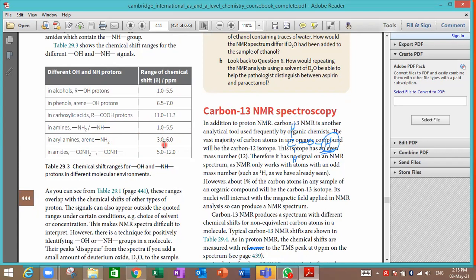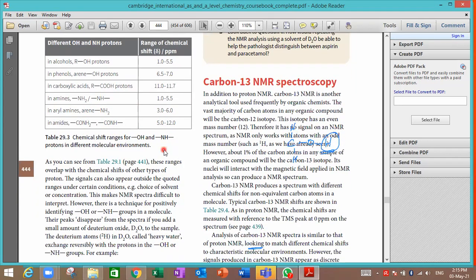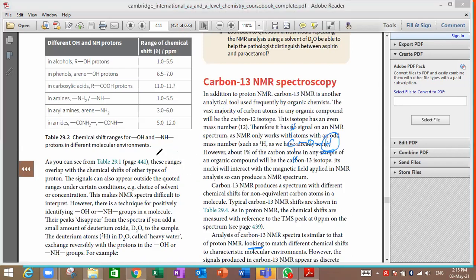Okay. Now, as I told you, sometimes we have a peak which corresponds to an OH or an NH, and we want to make sure that it is an OH, not a CH. Then we are going to use a solvent; we call it deuterated water. Deuterated water means that instead of hydrogen in water, we use deuterium.